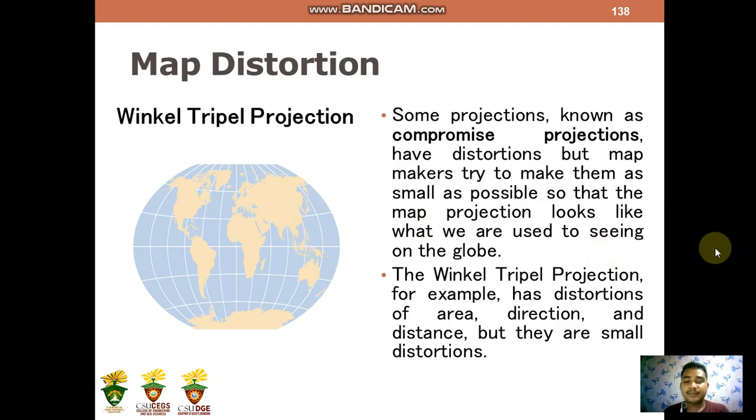The Winkel triple projection, for example, has distortion sa area, direction, and distance, but they are small distortion. Kaya nga naman, si map makers, iya man gina-manipulate, no, nga mas lower, no, mo lower ang iyahang distortion or down to the avoidable level na siya, or no, negligence level na siya.